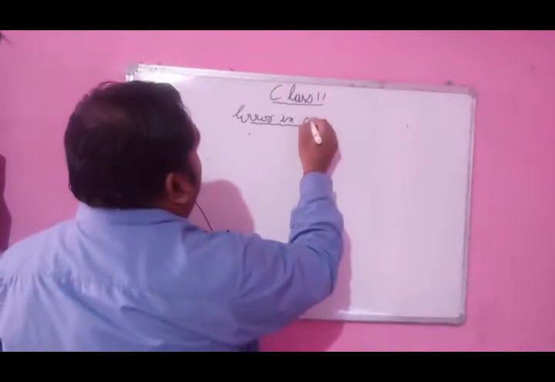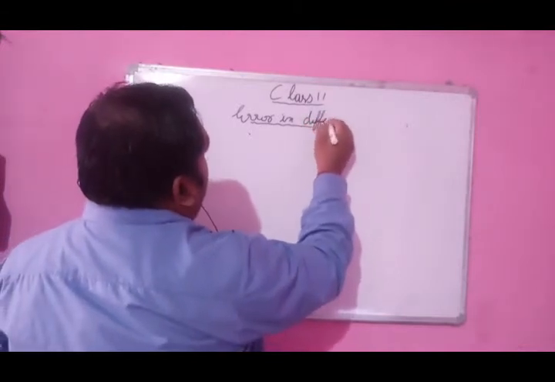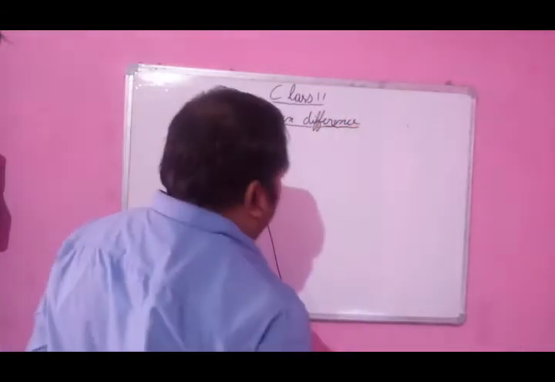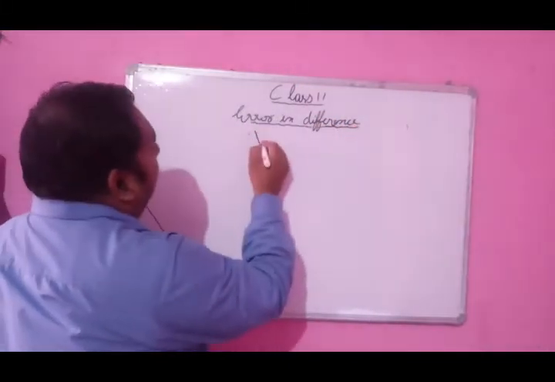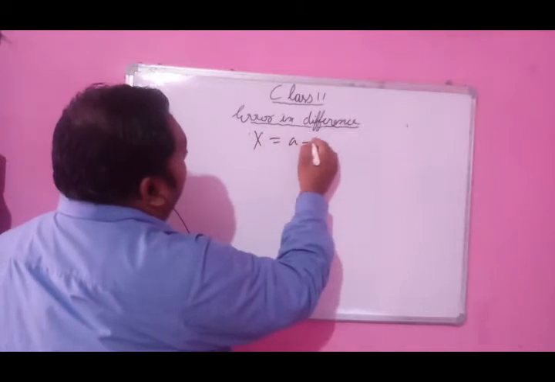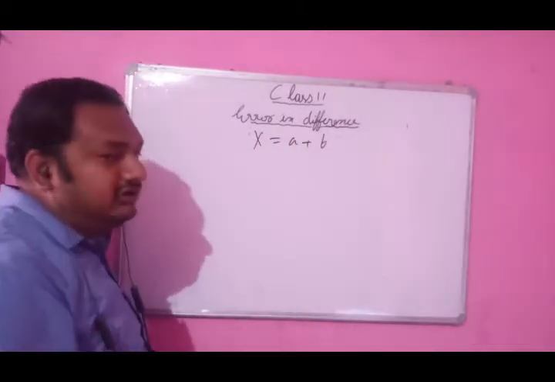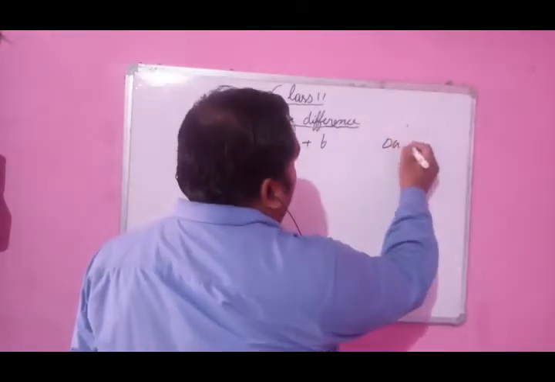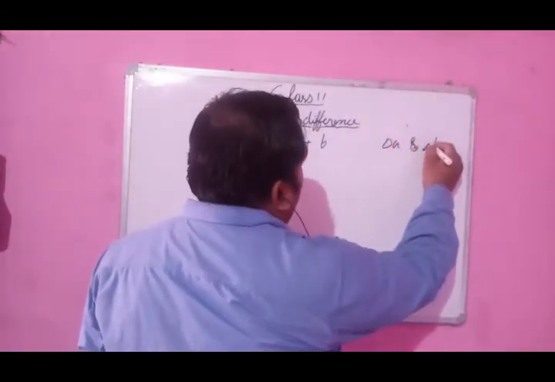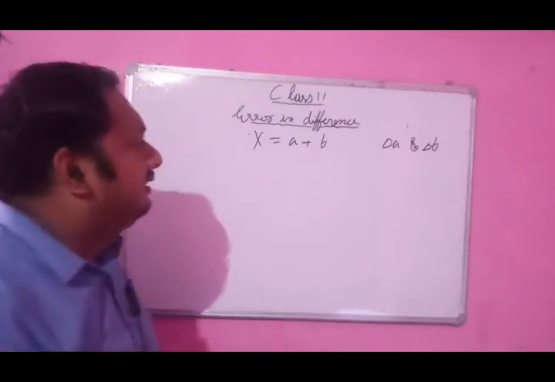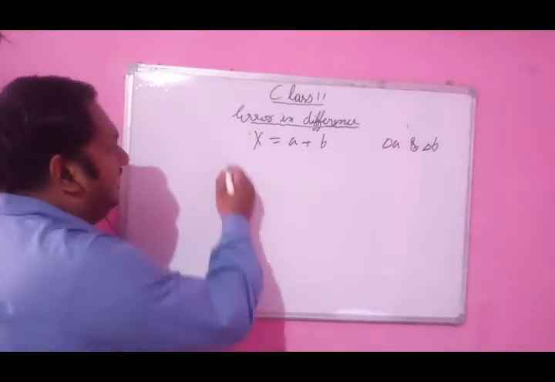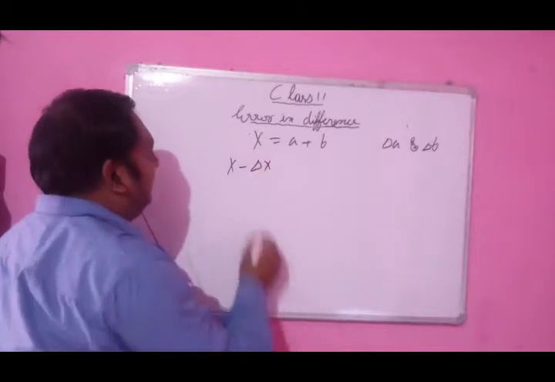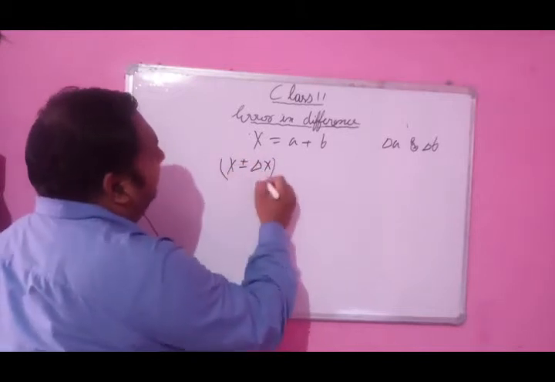Let's suppose we have the quantity x equal to A minus B. A and B are the two quantities which have to be measured, and let's suppose del A and del B are the absolute errors in the measurement of A and B. Now we wish to find x plus minus del x.